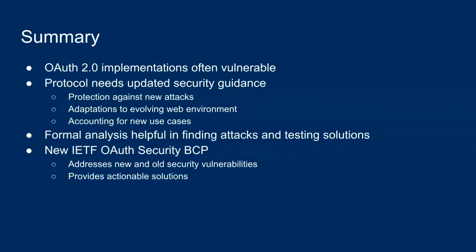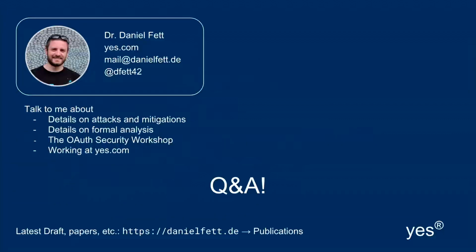We have seen that formal analysis can be helpful, although it's not widely used right now, but it can be very helpful, especially in standardization, to find attacks, test solutions, also to find regressions potentially. And all of this ended up in the new IETF OAuth Security BCP, which addresses new and old security vulnerabilities and provides actionable solutions. So that was my talk.